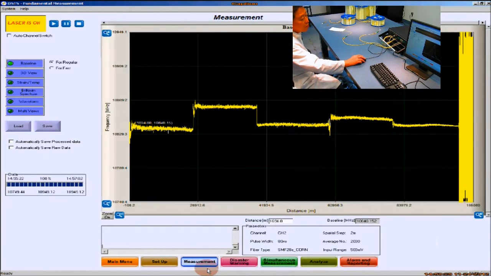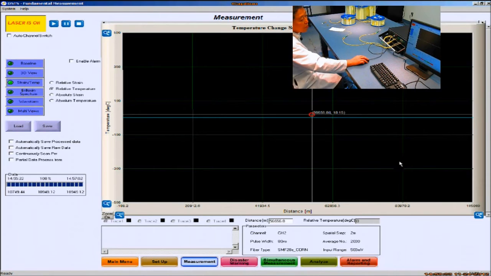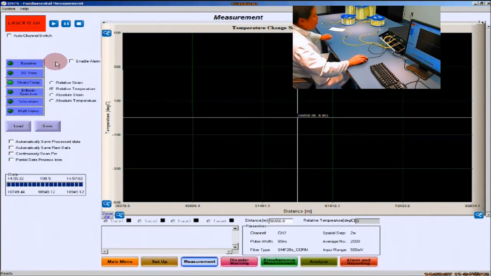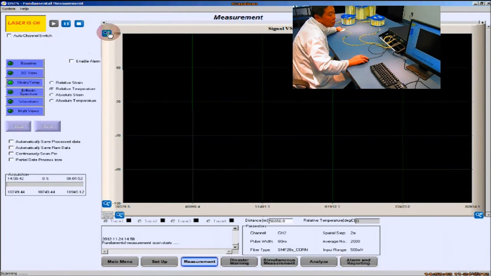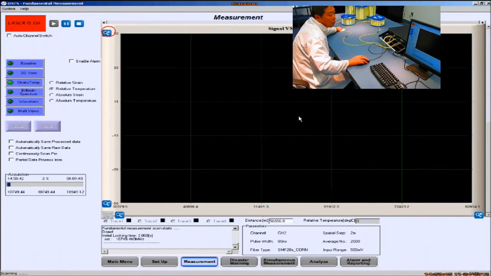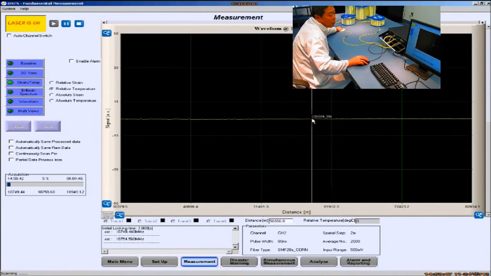Now we're ready to take an actual measurement showing the real change in the temperature of the fiber. So once again, we're going to be using Luffan's hand as the heat source. So we start our measurements again, and we start gathering the data.